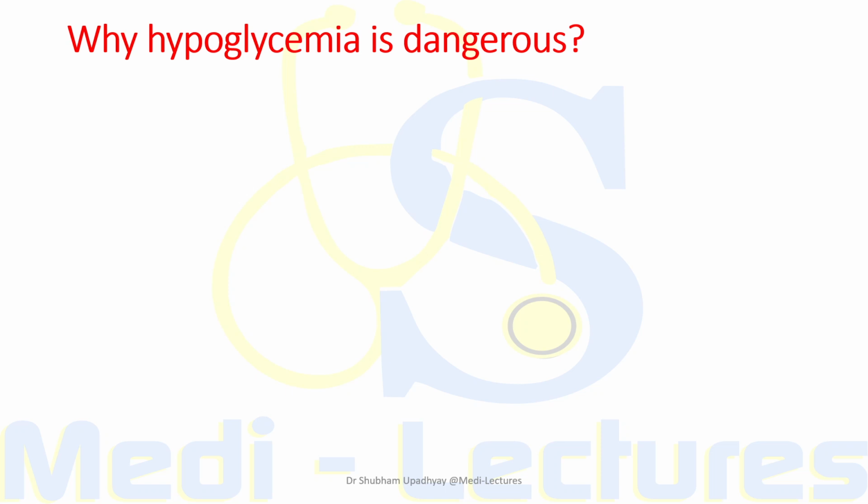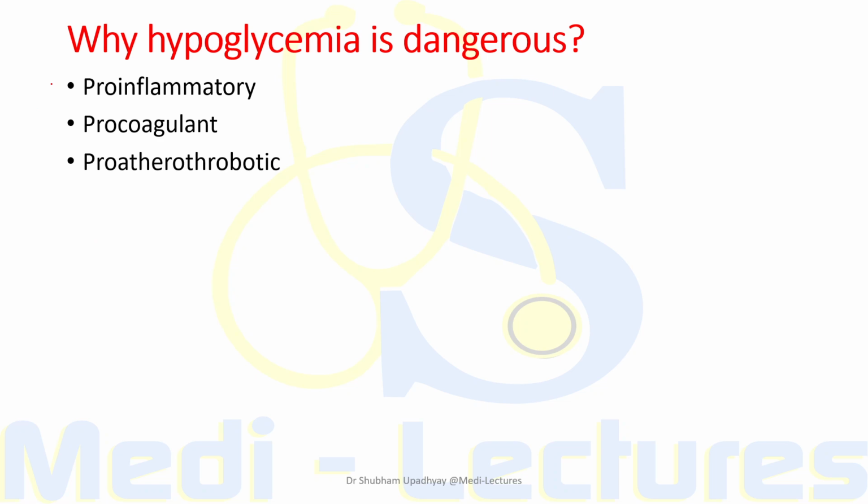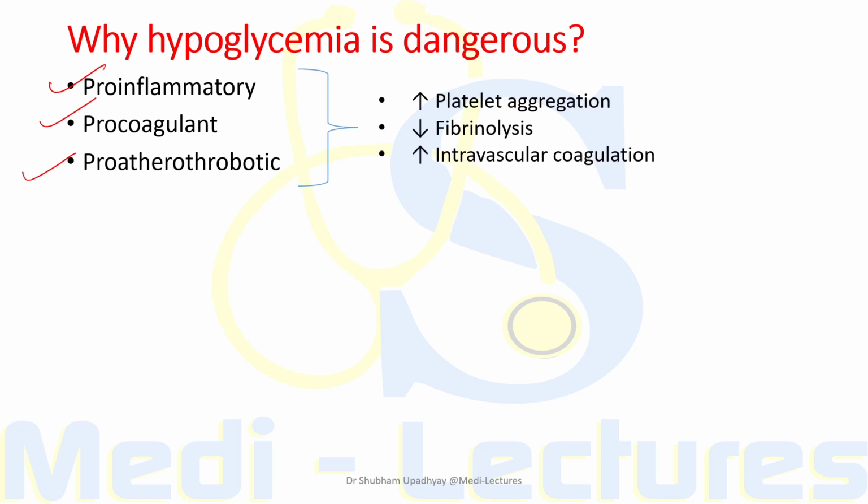Not only does hypoglycemia result in acute morbidity and mortality in patients, but repeated hypoglycemia in type 1 diabetes, type 2 diabetes, as well as in non-diabetic individuals leads to activation of pro-inflammatory, pro-coagulant, pro-atherothrombotic responses, which results in increase in platelet aggregation, decrease fibrinolysis, and increase intravascular coagulation.